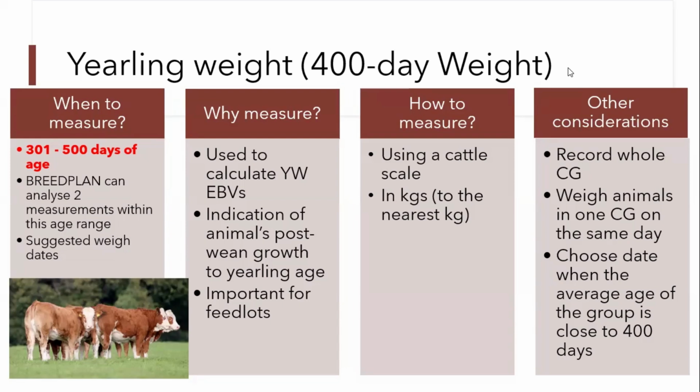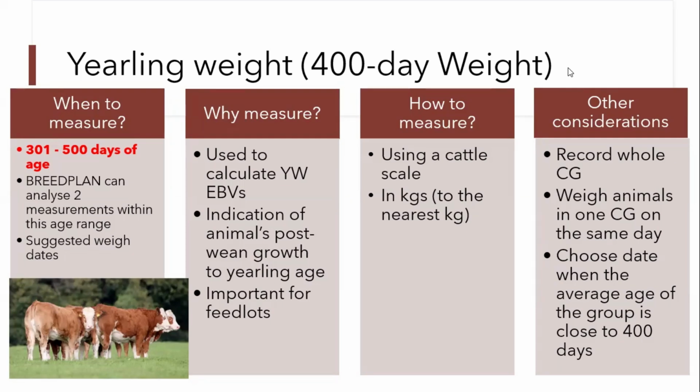We use them to calculate the yearling weight or 400-day EBVs, and it gives you an indication of the post-wean growth of your animal. And it's normally important for our feedlots as they turn the animals off at this age.